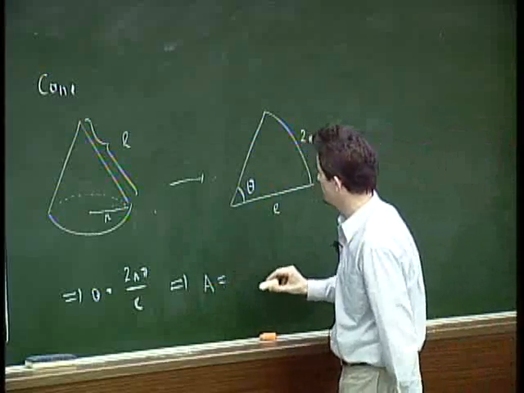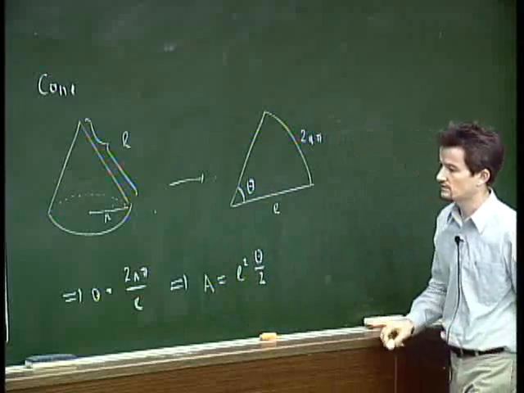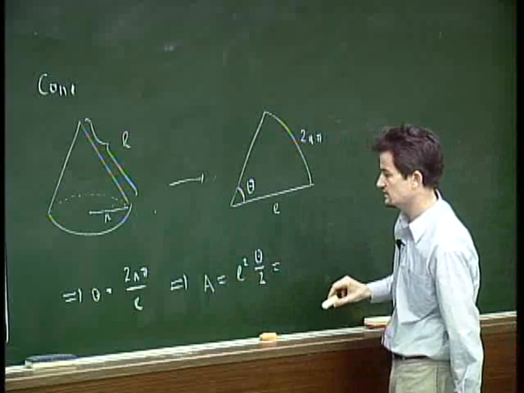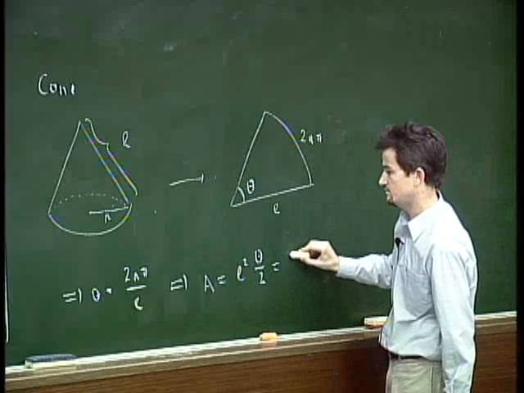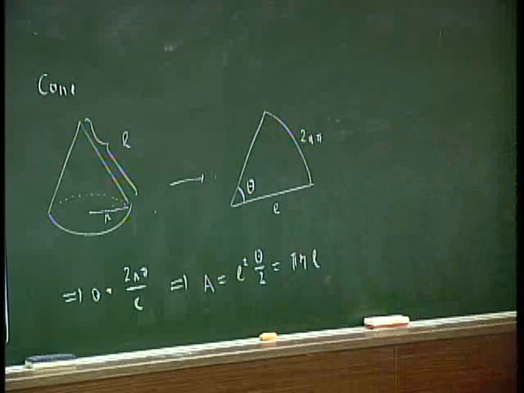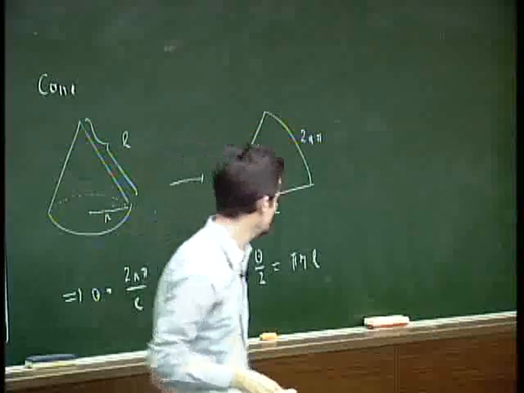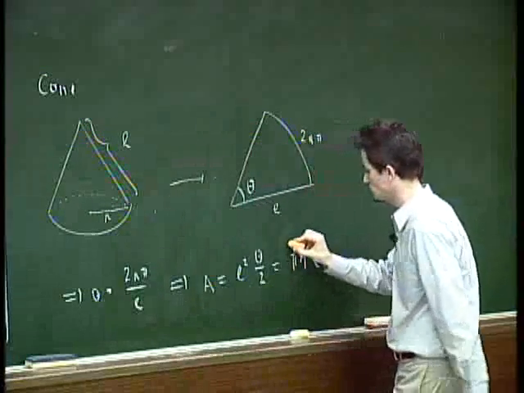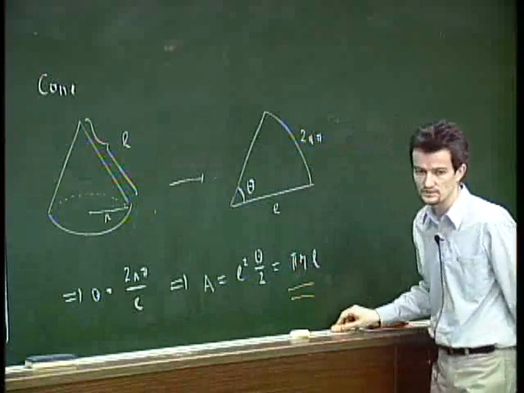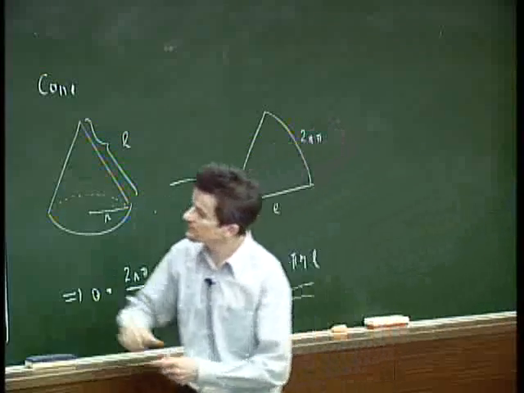So the area is L squared times theta half. And you just plug this in here. So what you get is pi times r times L. So this is the lateral surface area of the cone. We are going to use this definition. It's a definition.